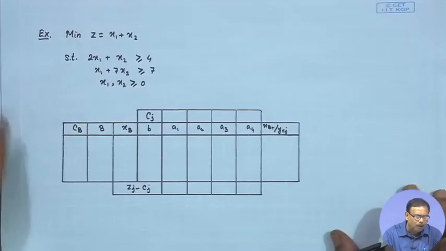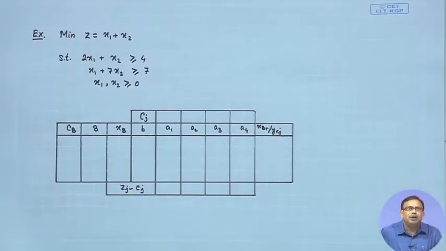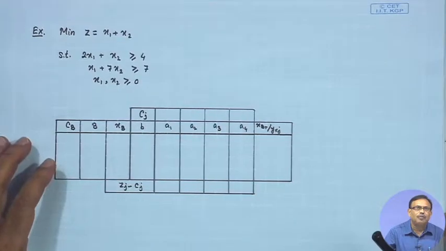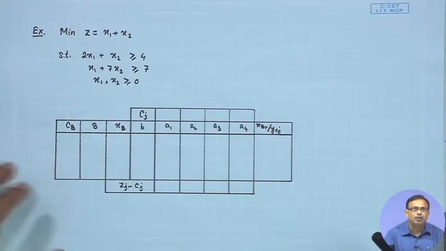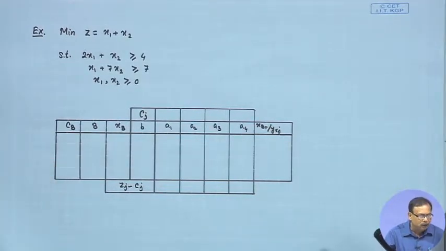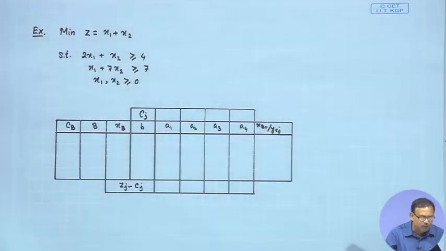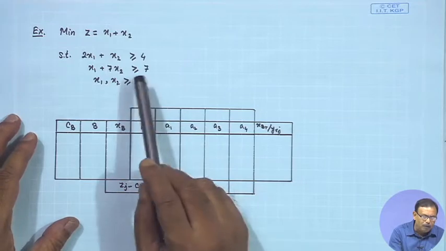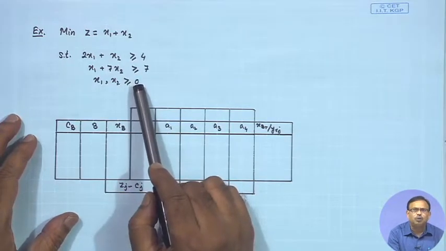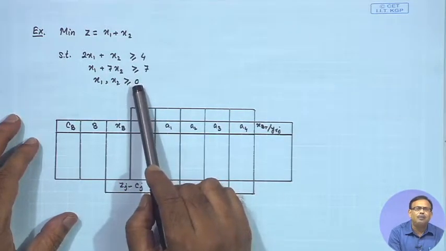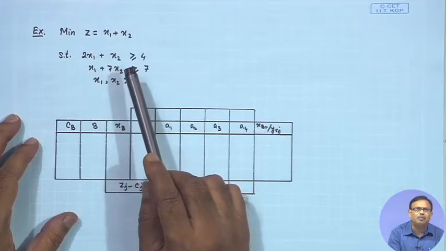Let us take the problem: minimize z equals x 1 plus x 2 subject to 2 x 1 plus x 2 greater than equals 4 and x 1 plus 7 x 2 greater than equals 7. So, the problem is not in standard form. You can write it in the standard form by making it a maximization problem.